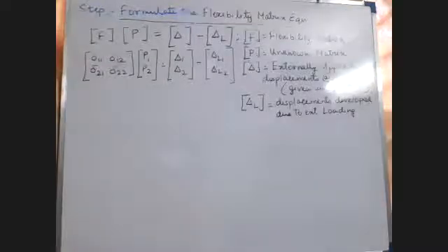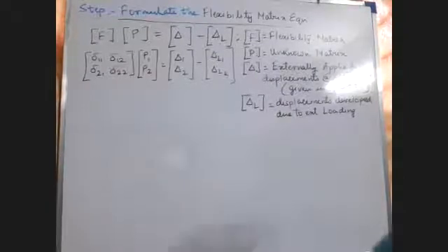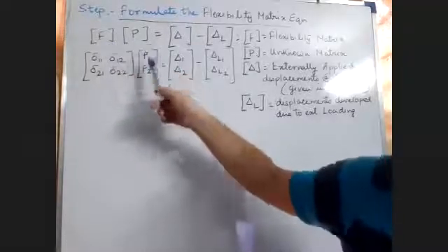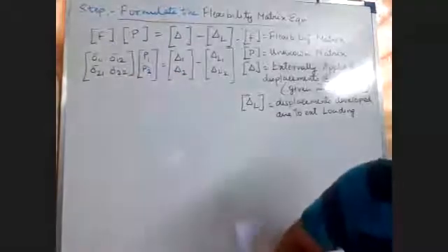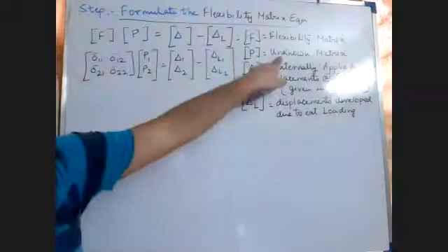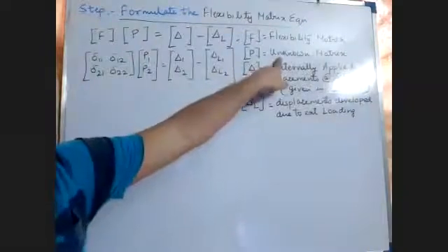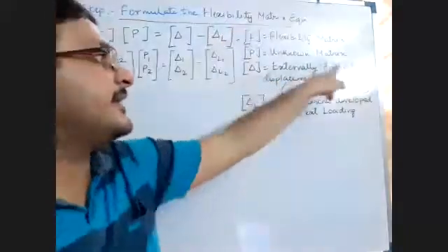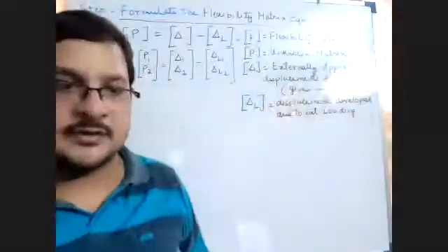Always remember, the F matrix is the flexibility matrix we have got. But finally, we have to find out P1 and P2. P1 and P2 is the unknown matrix where we have to get the unknown parameters. And delta is the externally applied displacement at the supports.